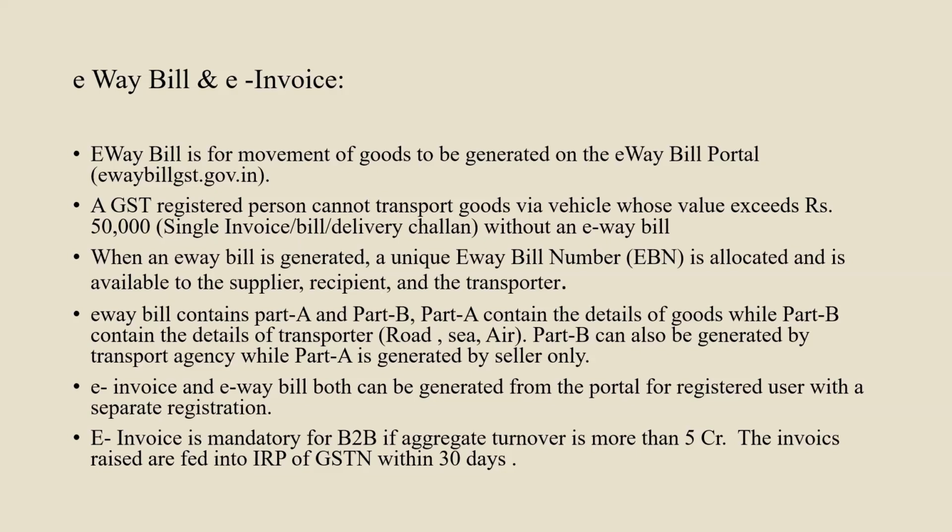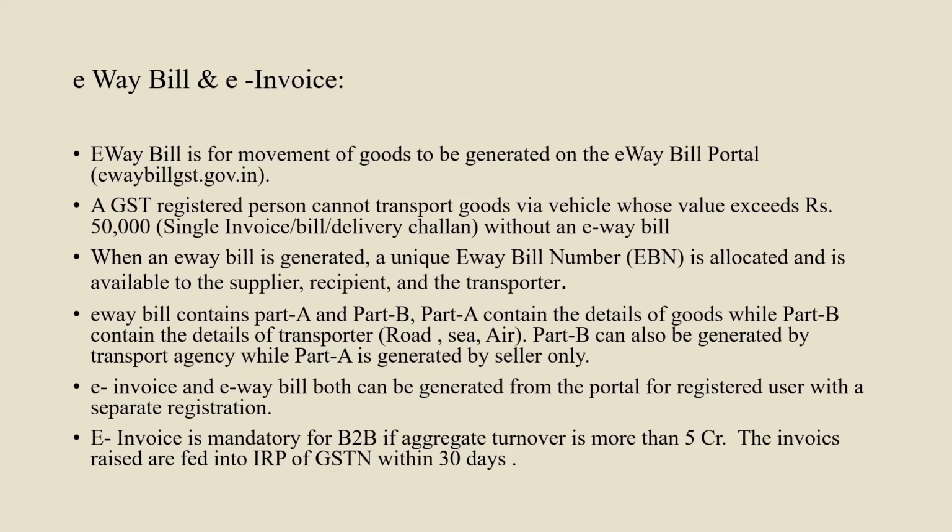It has two parts, part A and part B. Part A has to be generated by the supplier, with details of goods, while part B can be generated either by the supplier or by the transporter. So this part A and part B will get reported on the e-way bill portal.